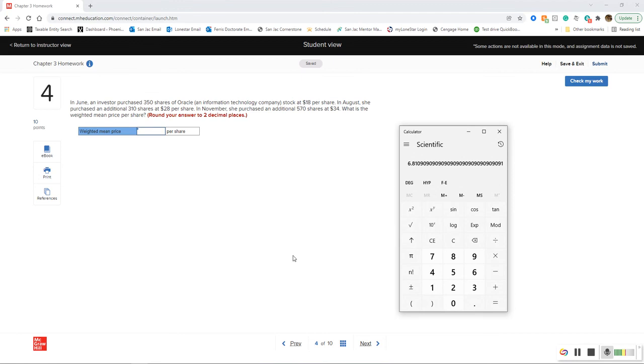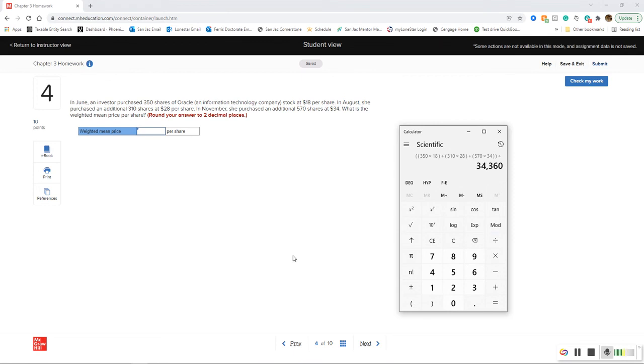Here, in order to solve this one, we would need to take each of these, so 350 times 18 plus 310 times 28 plus, it looks like we only have 3, so that's awesome, 570 times 34.